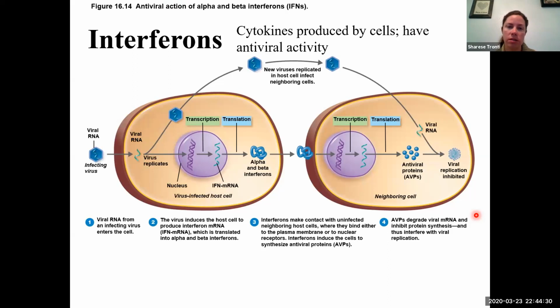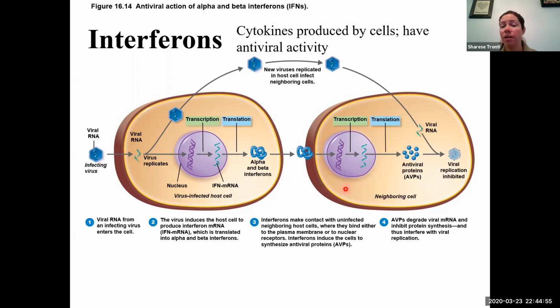And then interferons. Interferons are cytokines that prevent viruses from spreading to nearby cells. So what's going to happen here, this cell is infected. The cell is infected with a virus, and it recognizes that it's infected with virus. So what it's going to do is produce interferons. It's going to secrete the interferons, which will go to nearby cells.